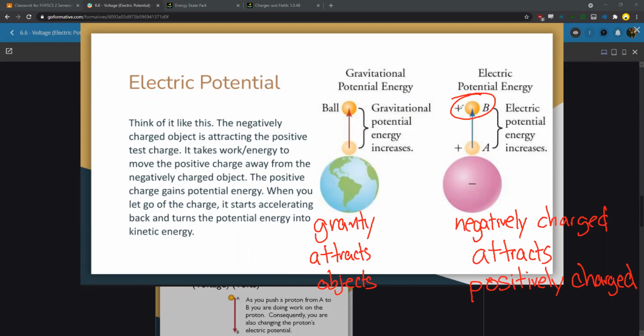What happens when I let go of the charge at point B? I do all this work. I lift this object from point A to B, and then I suddenly let go at point B. What happens after?